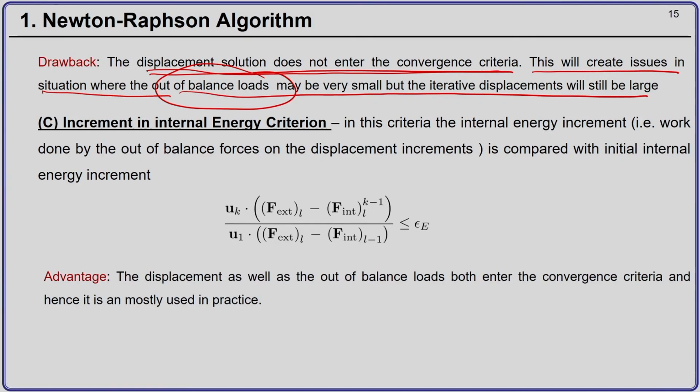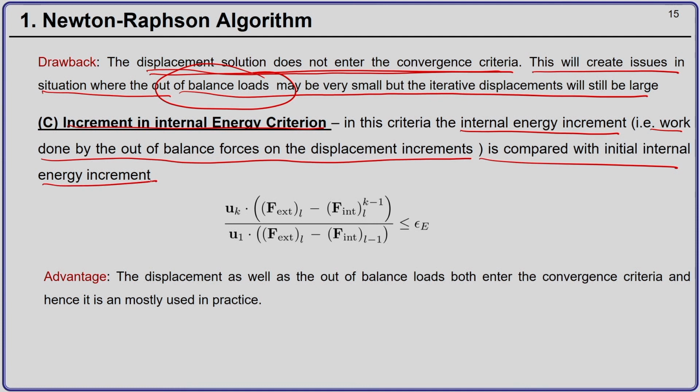Finally, the third one is the increment in the internal energy criteria. In this criteria, the internal energy increment, that is the work done by the out of balance forces on the displacement increment, is compared with the initial internal energy increment. Okay. So, this is the internal energy.